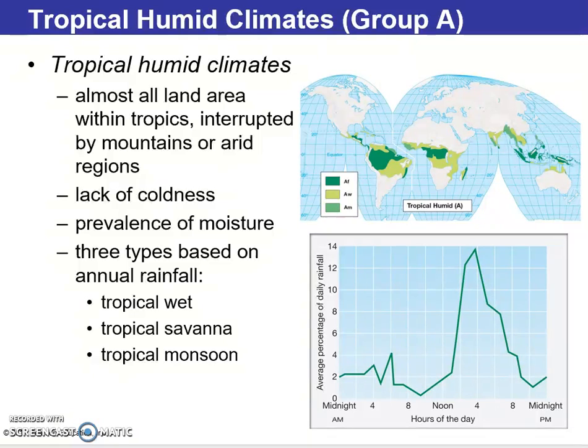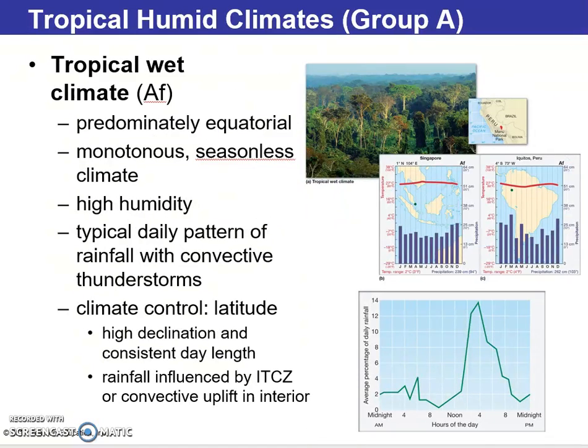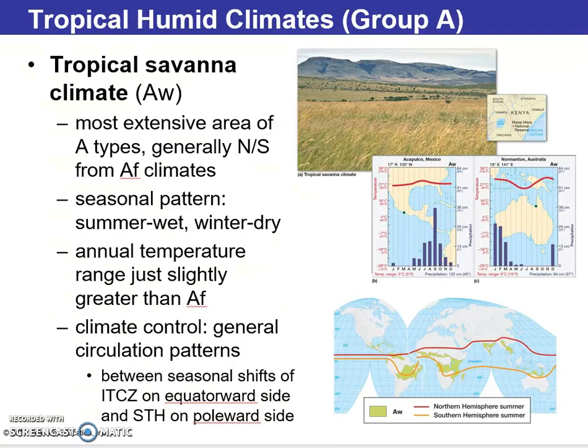So really 3 types: tropical wet, tropical savanna, tropical monsoon, and group A, which is tropical. In the tropical humid climates, really we have climate controlled by latitude, high declination, consistent day length. Really have it around the equator, close to the equator, rainfall influenced by the ITCZ, which we talked about, as far as 10 degrees north and south of the equator.